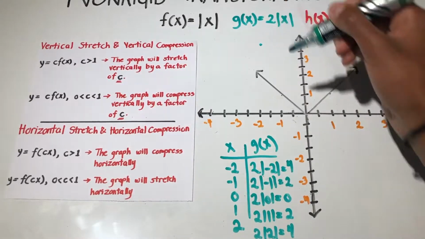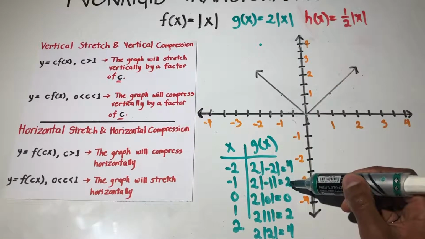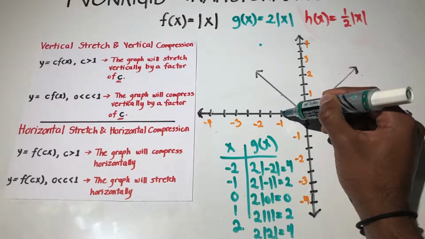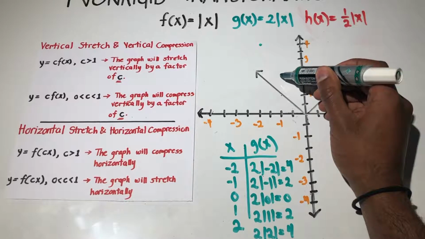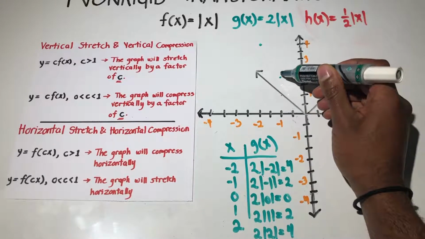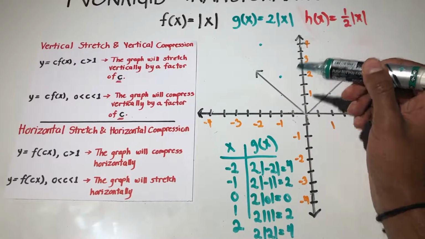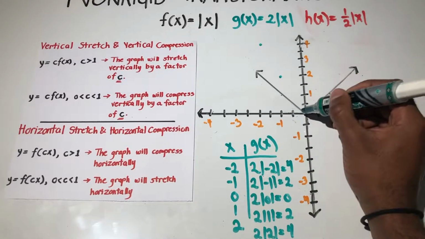Let me make it a little bit clearer. Okay, we have -1 and 2. So -1, then we're going to go up to 2. That's our second point. We have 0 and 0, which is just at the origin.